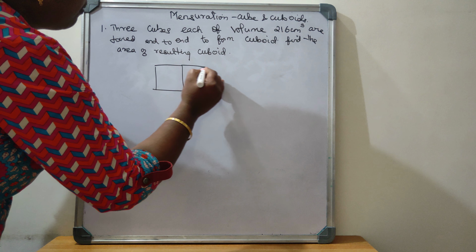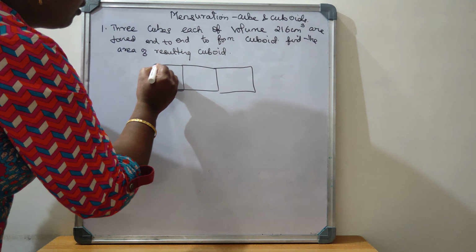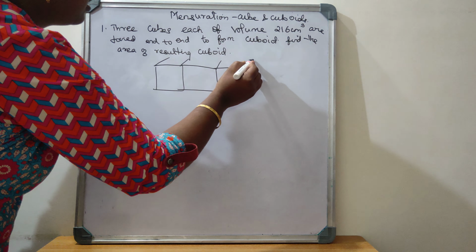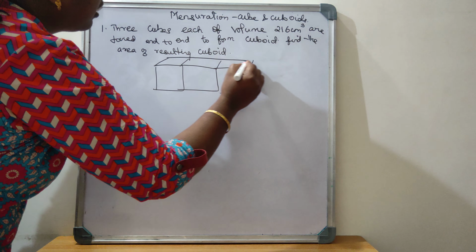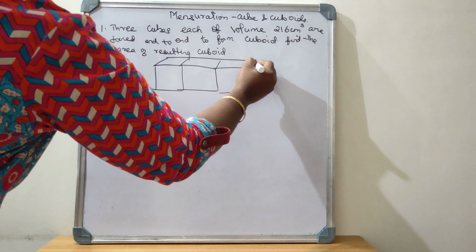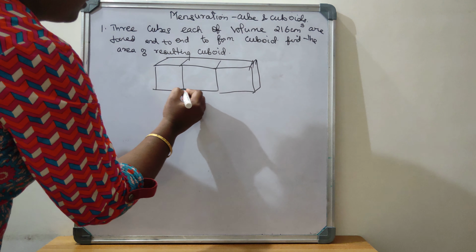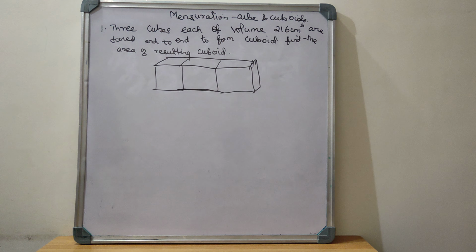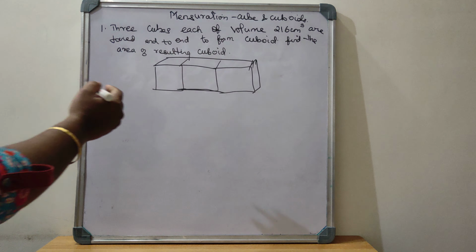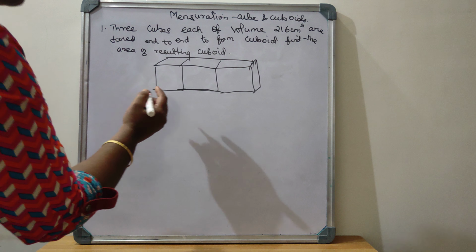So this is one cube and one more cube which is joined end to end. In the cubes all the sides are equal, and they have given three cubes, each volume is 216.